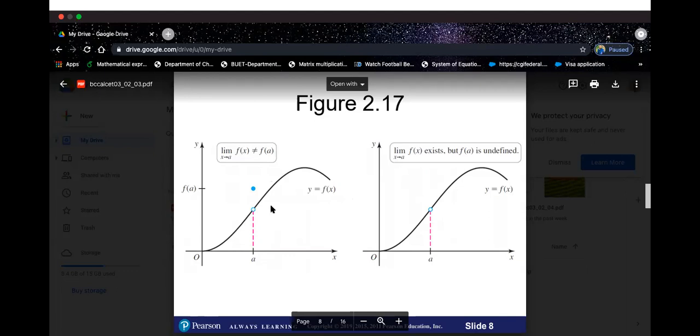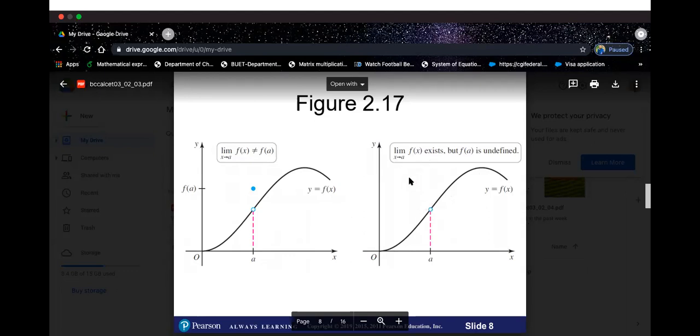Now look at the right graph. You can see they're saying the limit exists, and why? The curve is the same with the same hole at the same point. The reason is the same. You're approaching from the left, the graph is going here. You're approaching from the right, the graph is going to the very same place.